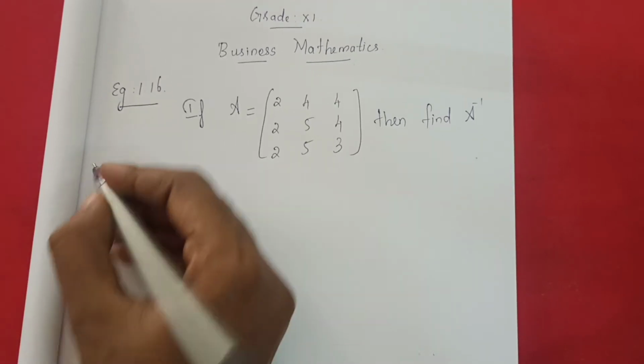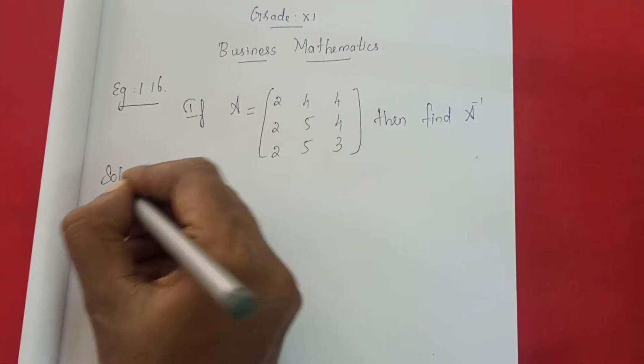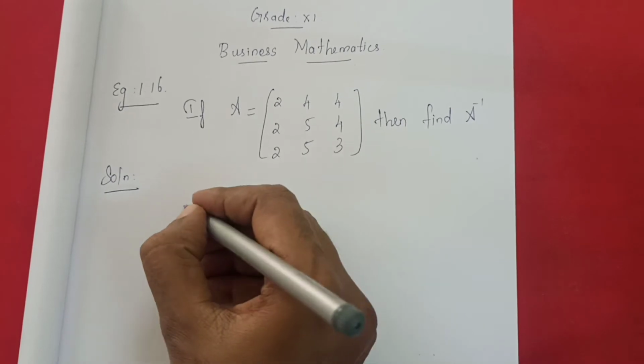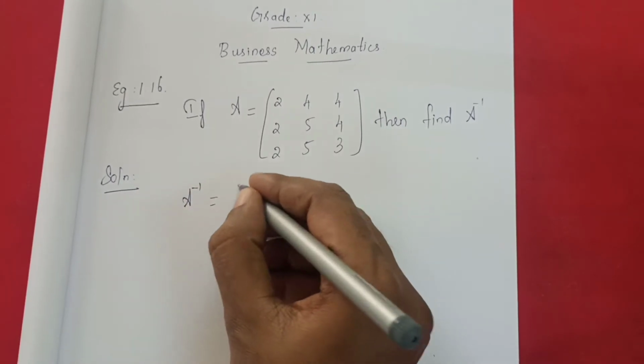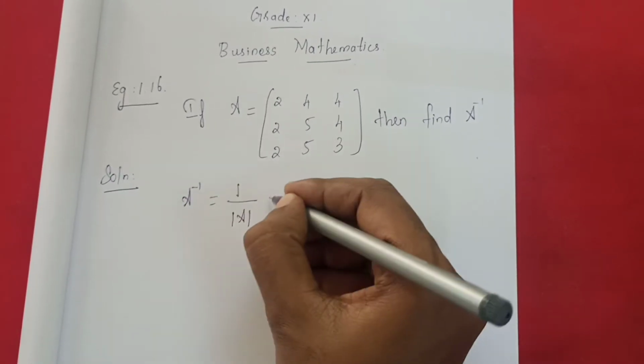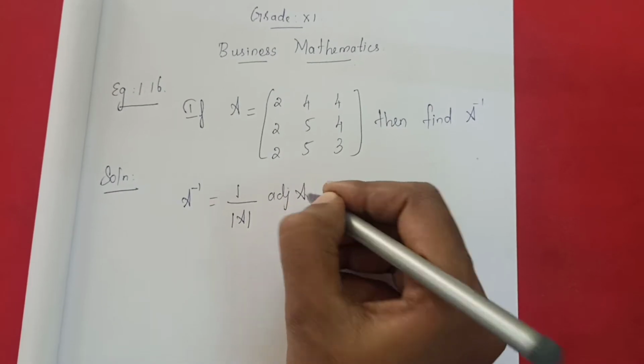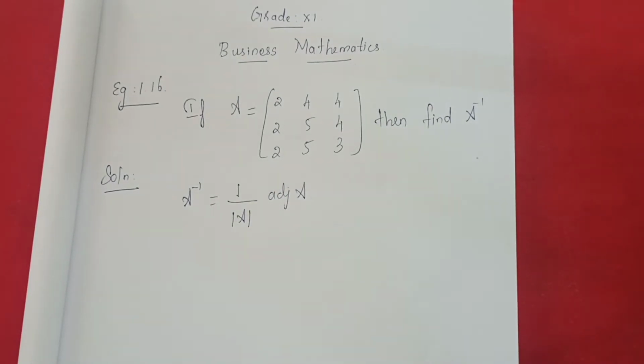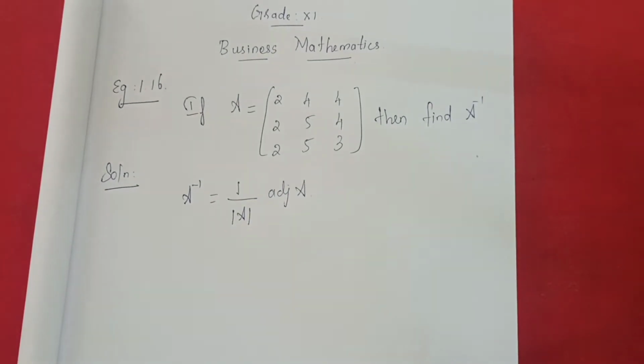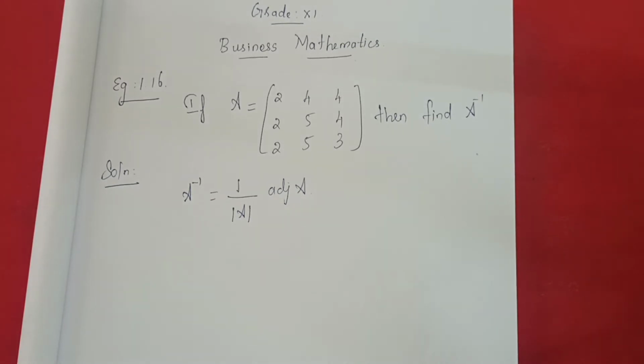Solution. The formula for A inverse is 1 by determinant of A into adjoint of A. So we need to find the determinant of A as well as the adjoint, and afterwards we will substitute here.